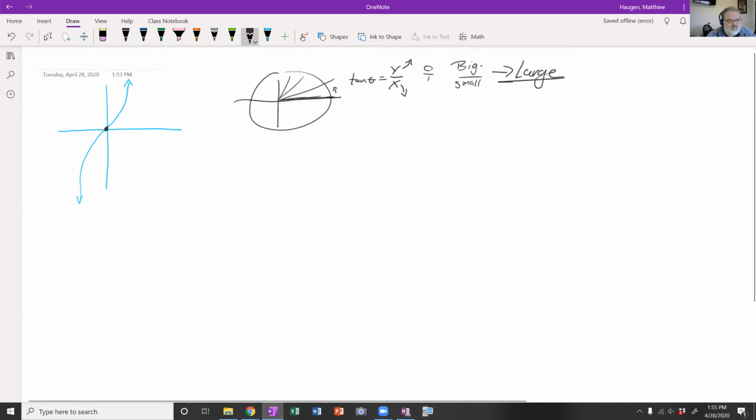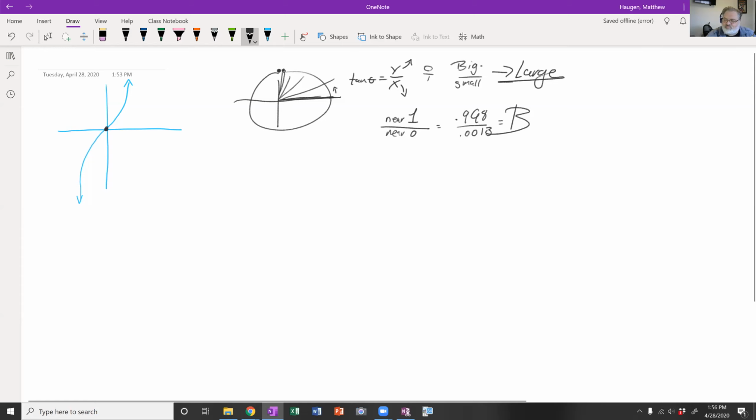Fair? Now, even though the x and y values are trapped at 1, as this y value gets close to 1, and the denominators, the x values, get closer and closer to 0, you've got numbers like, say, 0.998 divided by 0.0013.